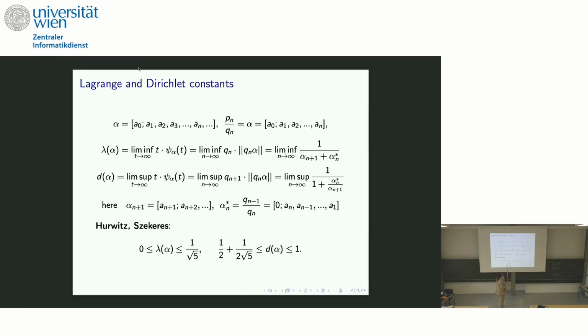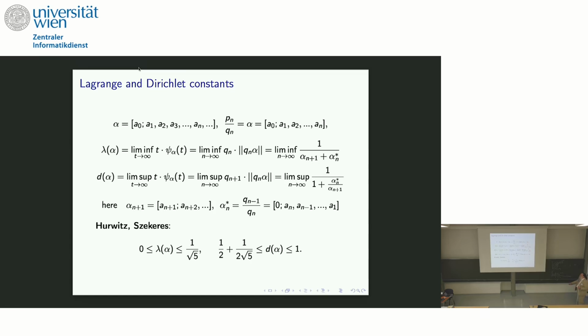I don't want to speak now about the values of these constants. This is another interesting story. I will just mention that for the Lagrange constant, the smallest value is 0, and the largest value is the Hurwitz number. For the Dirichlet constant, the largest value is 1, and the smallest value is the Sekerich number, which was first proven by Sekerich. Okay, so I recalled some basic facts.